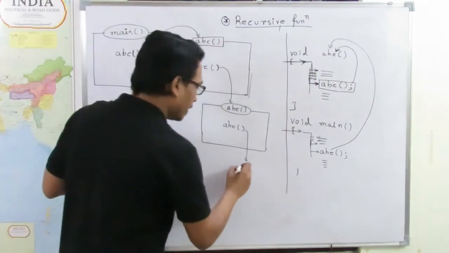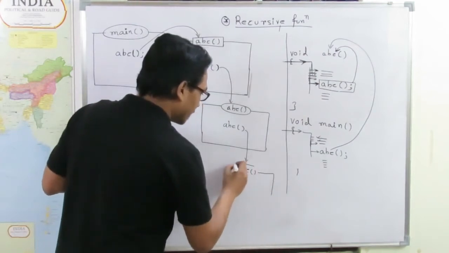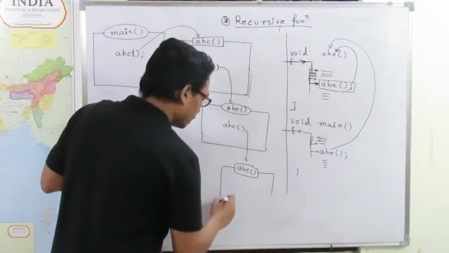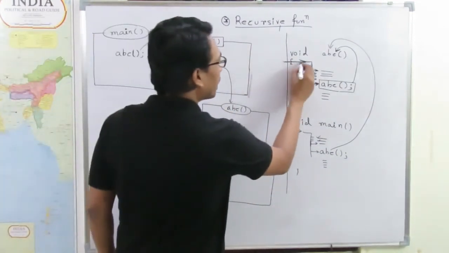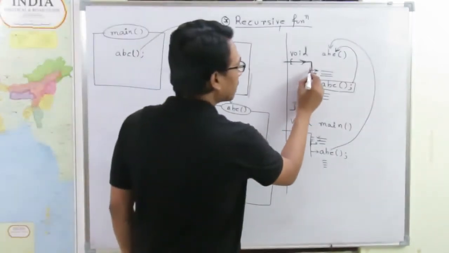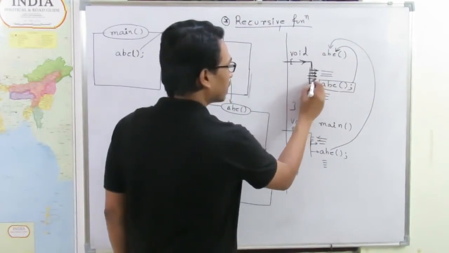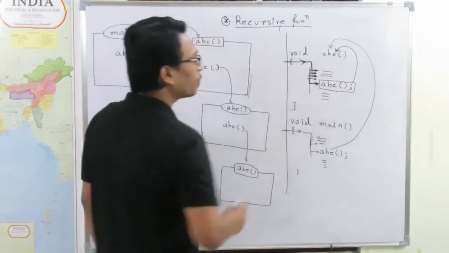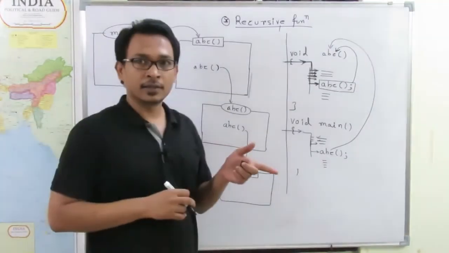That means again a new memory block will be created for the abc function. Clear? Now inside this abc function definition, again the system will execute these instructions, and finally again come to the function call, that means abc parenthesis. Clear?